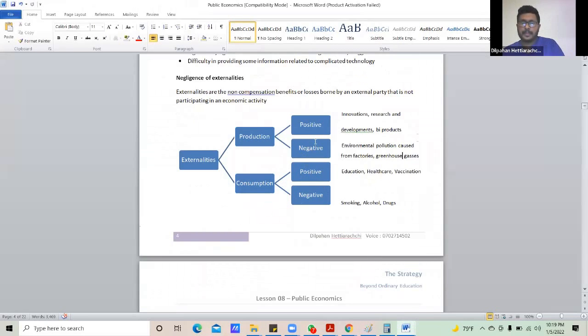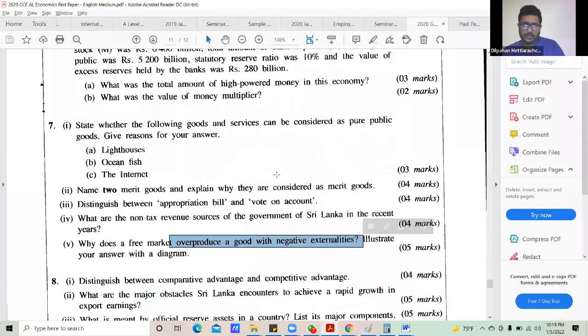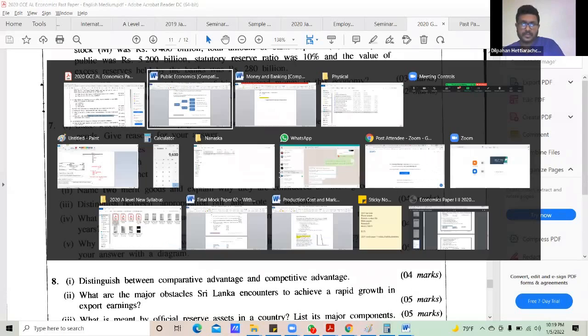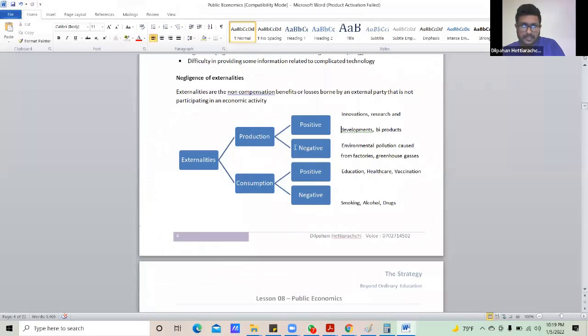Is it positive or negative? Negative. Is it production or consumption? Look at the question. Overproduce. It talks about production, right? This question asks about production negative externality. So that means they refer to examples like this.